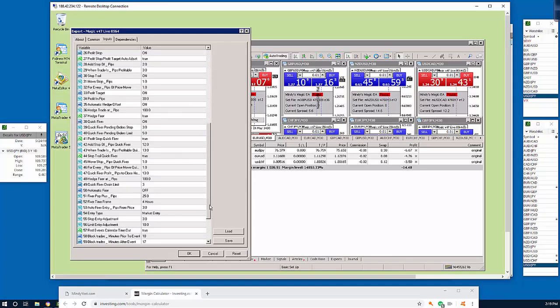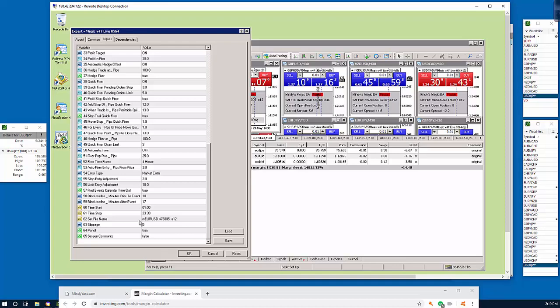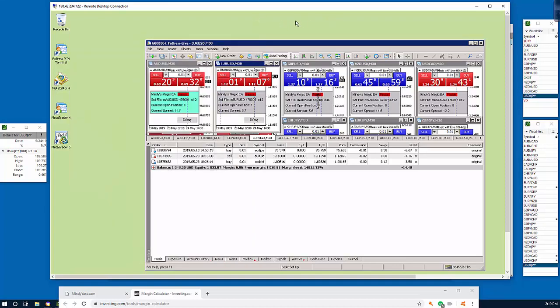I send these set files to you so that you have a starting place. And then the longer you use the EA and the more familiar you get with it, then you might want to change those parameter settings to suit your own trading style.